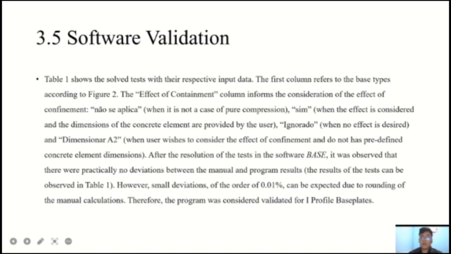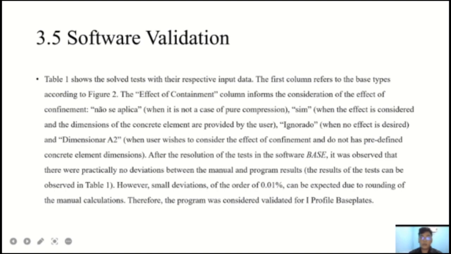Sim, when the effect is considered and the dimensions of the concrete element are provided by the user. Ignorado, when no effect is desired. And dimensionar, when the user wishes to consider the effect of confinement and does not have predefined concrete element dimensions.